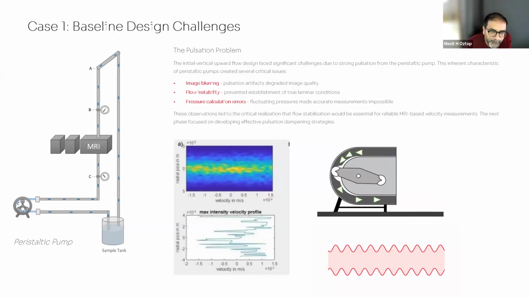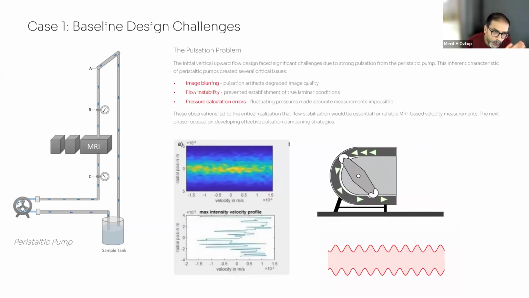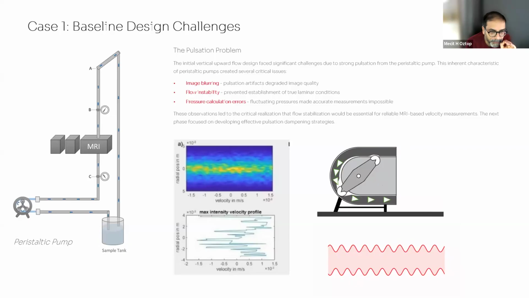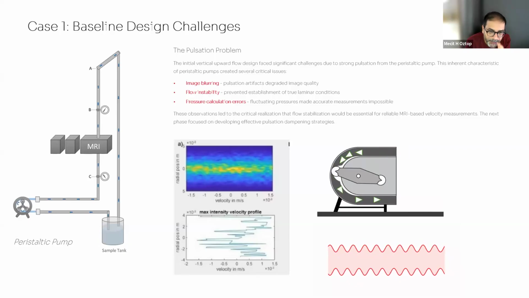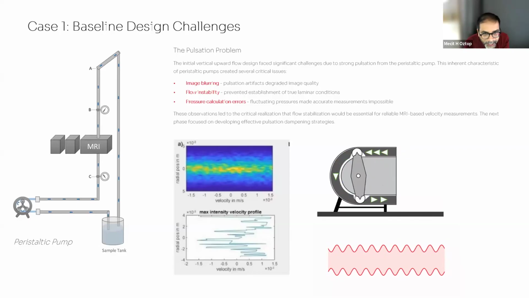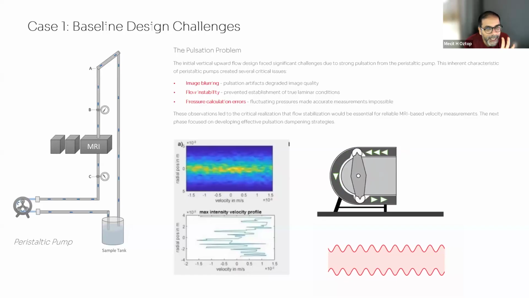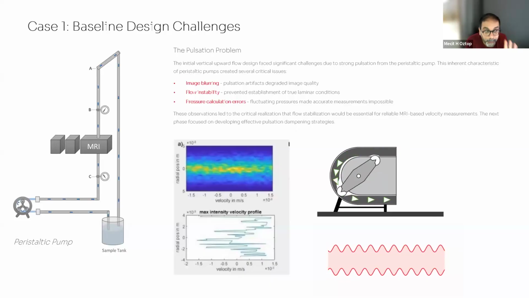So if you integrate a peristaltic pump into your flow system and let the flow be taken directly from the pump, you will experience significant noise, image blurring due to pulsation artifacts, flow instability, and pressure calculation errors. So that is why you will not be able to have a good image by using a peristaltic pump.